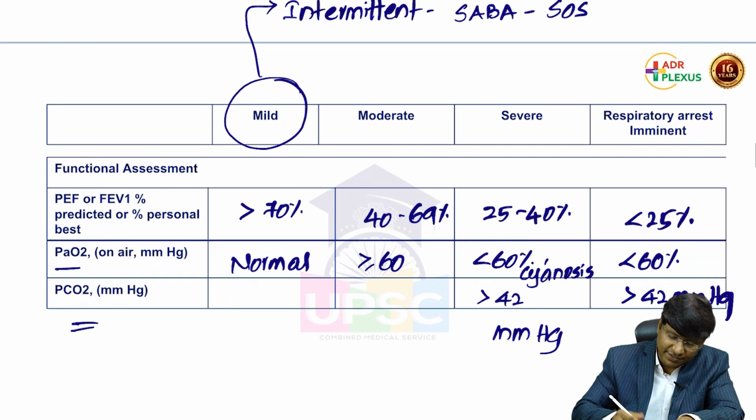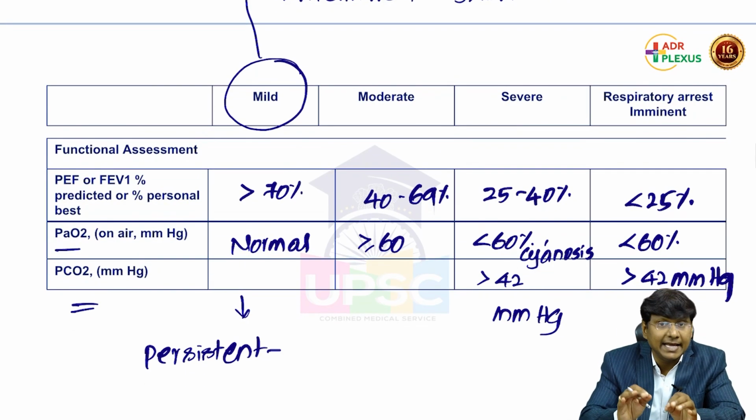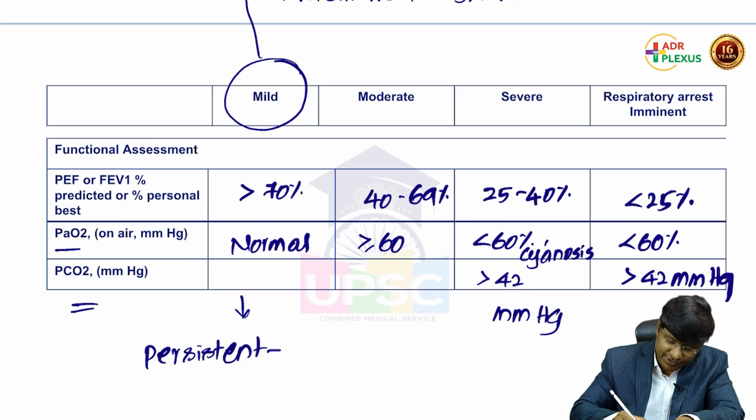Whereas, if the individual is having mild persistent form of asthma, these patients have to be added inhaled low dose corticosteroids. Right? Inhaled low dose steroids. That is in case of mild.